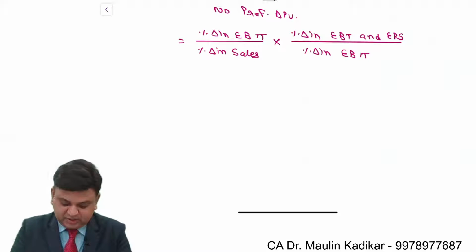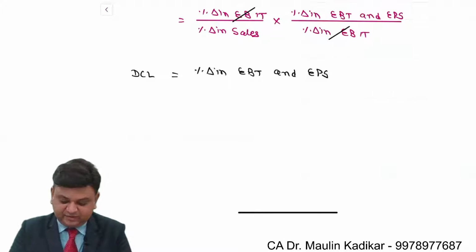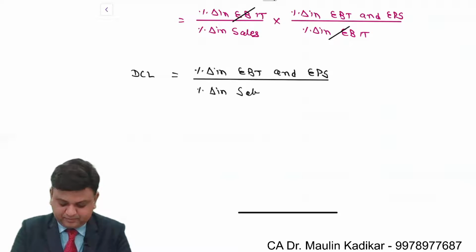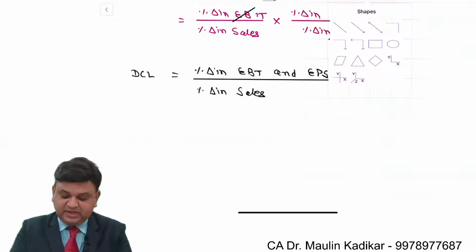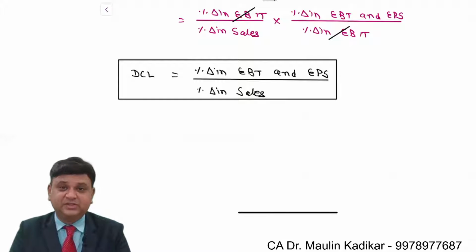So what will happen over here? We understand that this percentage change in EBIT is getting cancelled, and afterwards the degree of combined leverage is measuring the percentage change in EBT and EPS for every 1% change in sales, if there is no preference dividend.